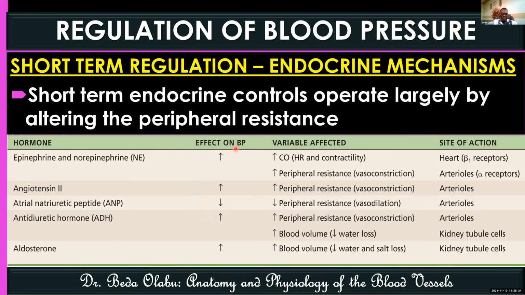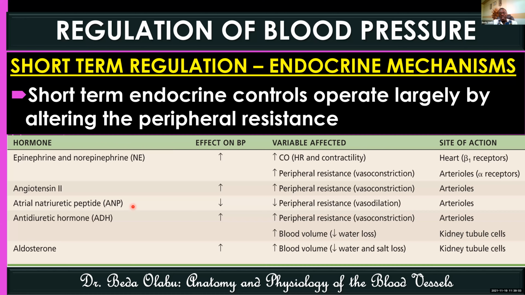I want you to look at this one and realize that out of all those hormones I'm mentioning, this one, its arrow is facing down. ANP reduces the blood pressure. Now, the mechanisms are multiple, but one of them is that it lowers the peripheral resistance because it causes vasodilation.